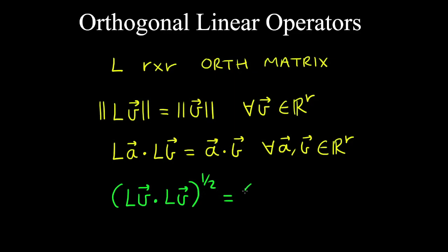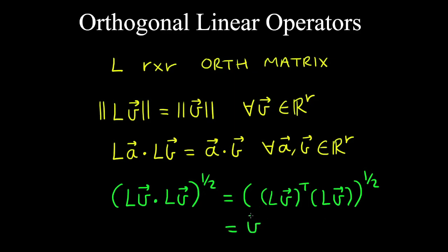And therefore, we can write this dot product in matrix form as L V transpose multiplied by L V. And this becomes V transpose L transpose L V to the 1/2.